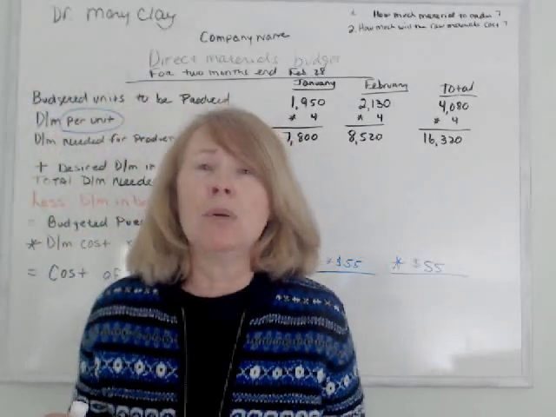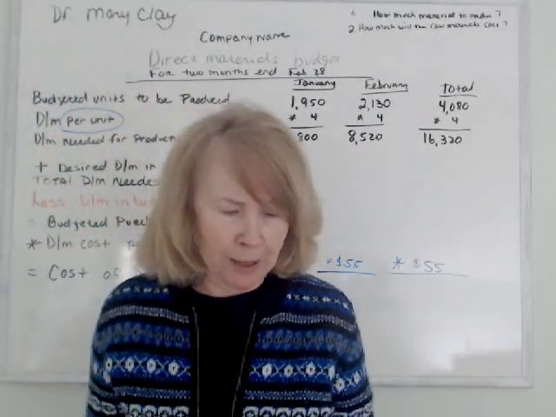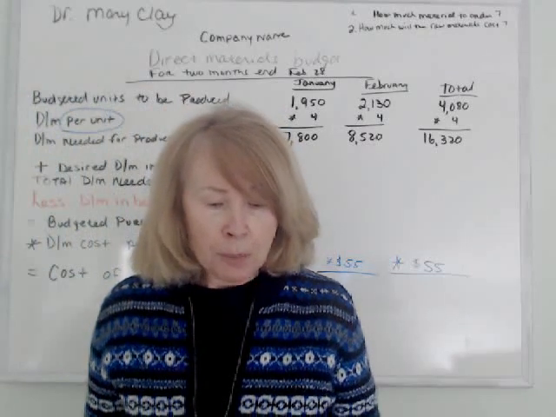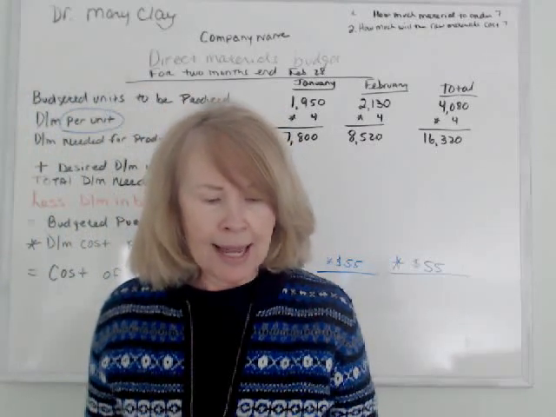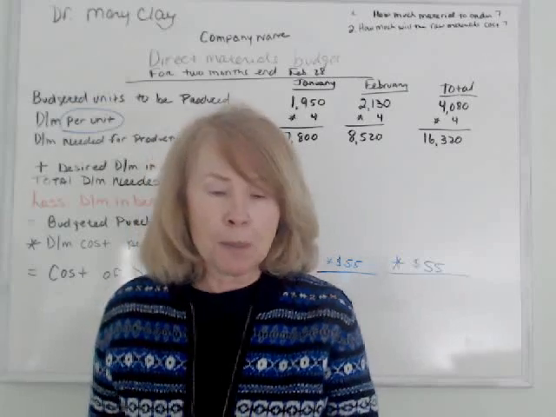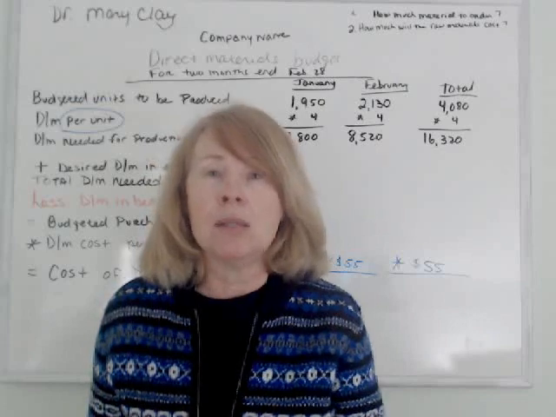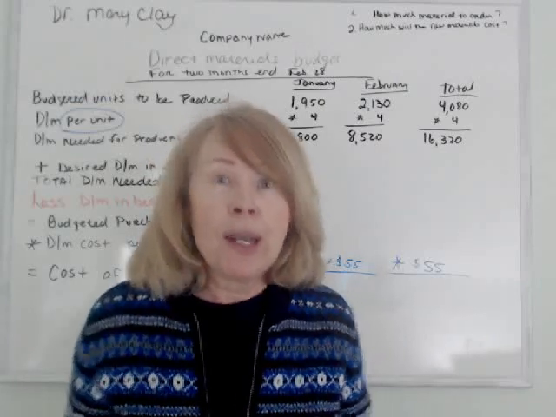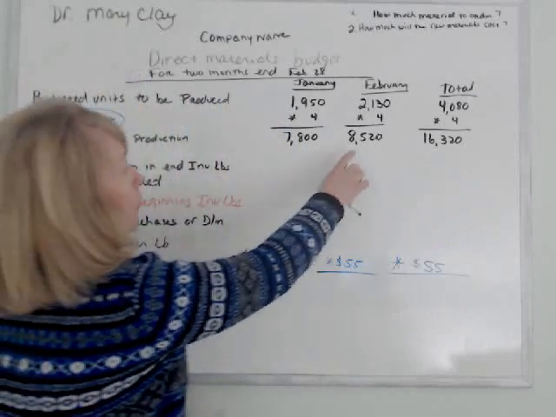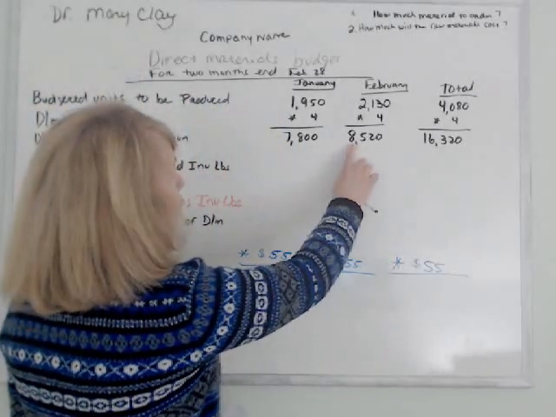Next, we are going to figure out the desired direct materials in ending inventory. All the problems will be different, but this particular problem tells us this. Buchanan Company desires the ending balance in raw materials inventory to be 60% of the next month's direct materials. The next month's direct material needed for production is 8,520.